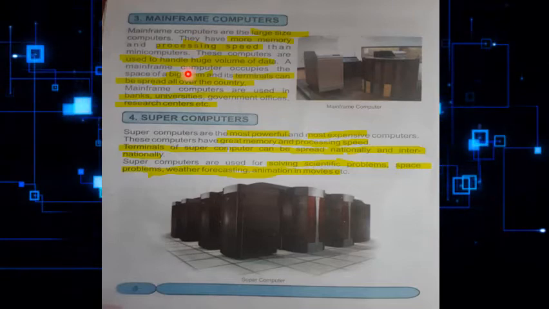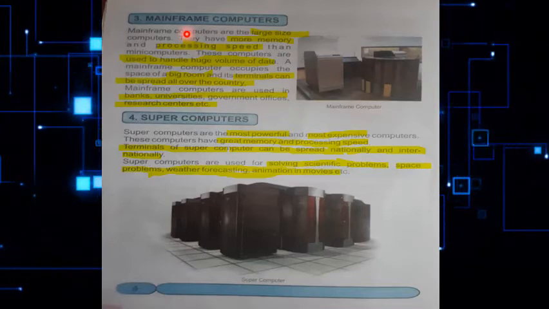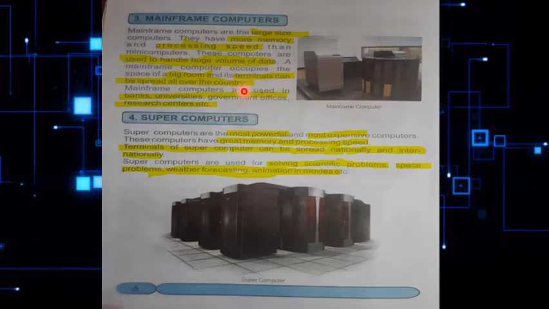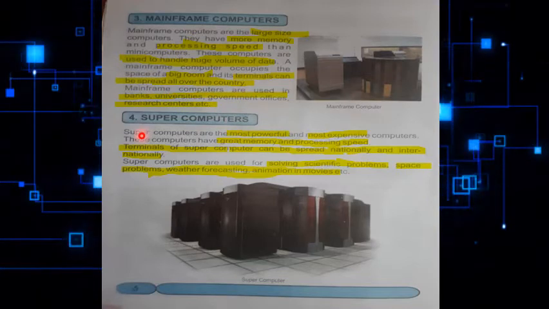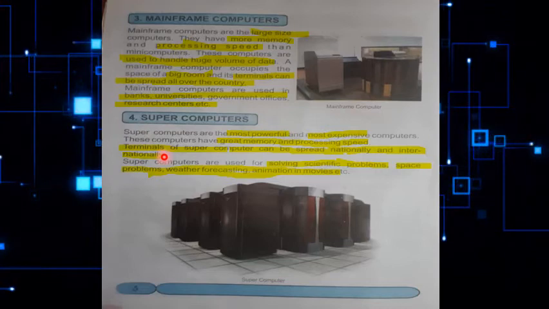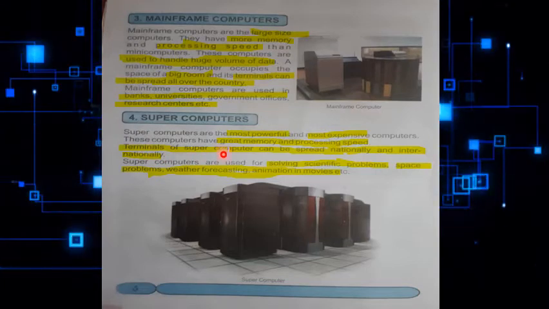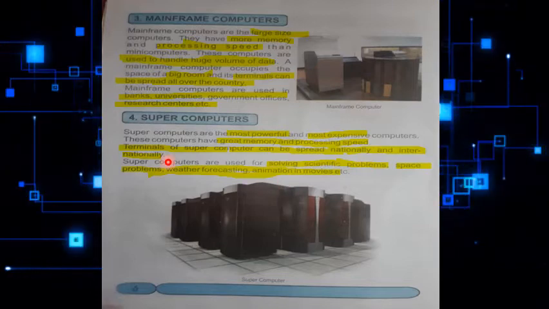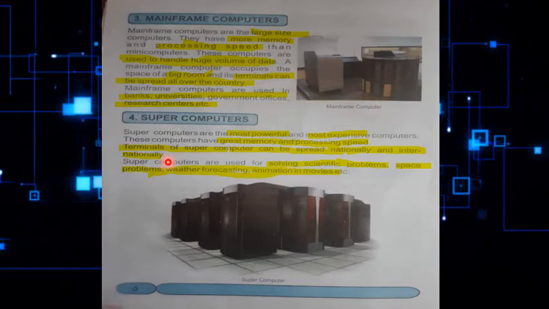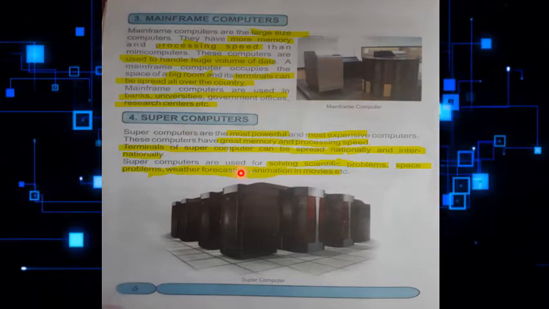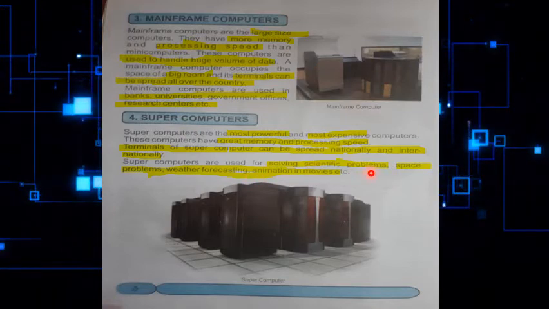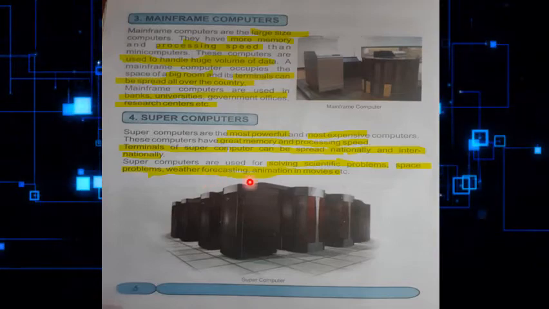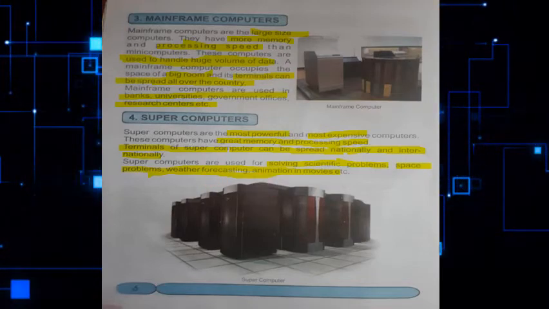When we talked about the terminals of mainframe computers, we noticed that terminals can be spread all over the country. But the terminals of supercomputers can be spread nationally or internationally. And where are they used? They are used for solving scientific problems, space problems, weather forecasting, and animation in movies.